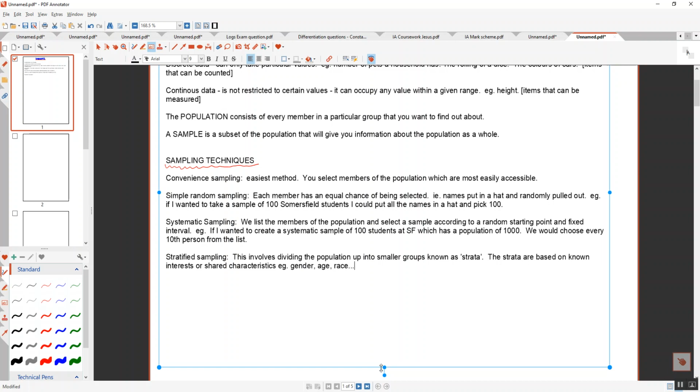Okay, so whatever, and then you put your random sample together from each strata. So the good thing about this one then is you're ensuring that different people from different groups are all being represented. Okay.